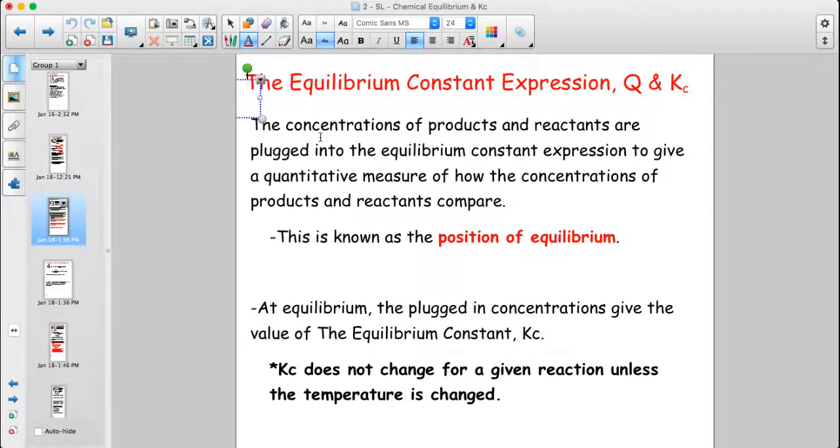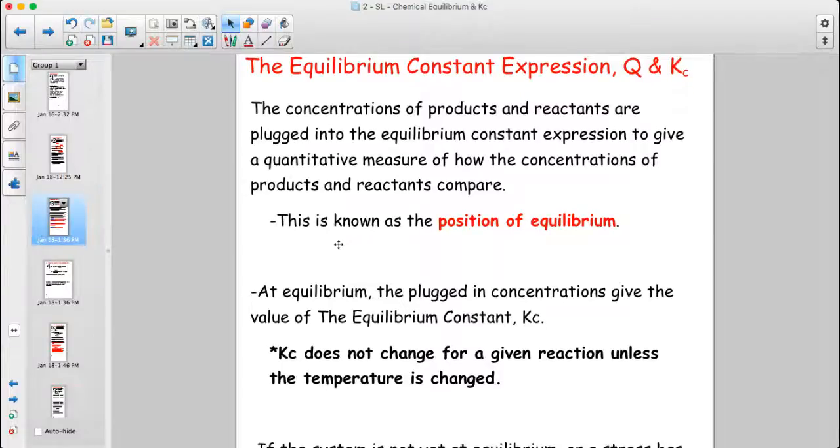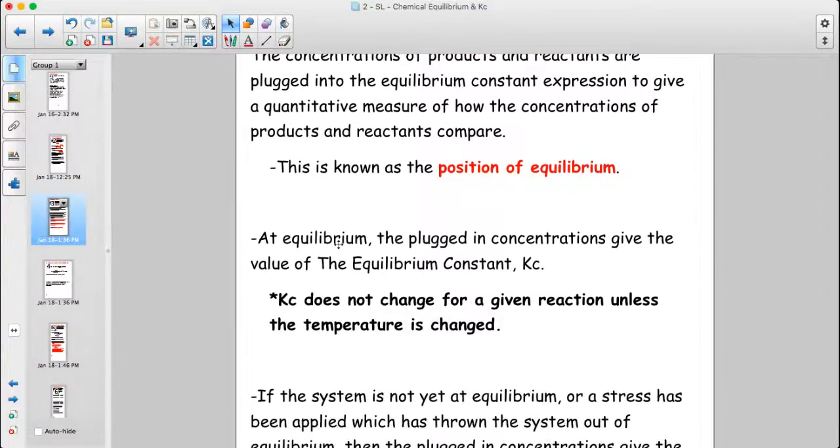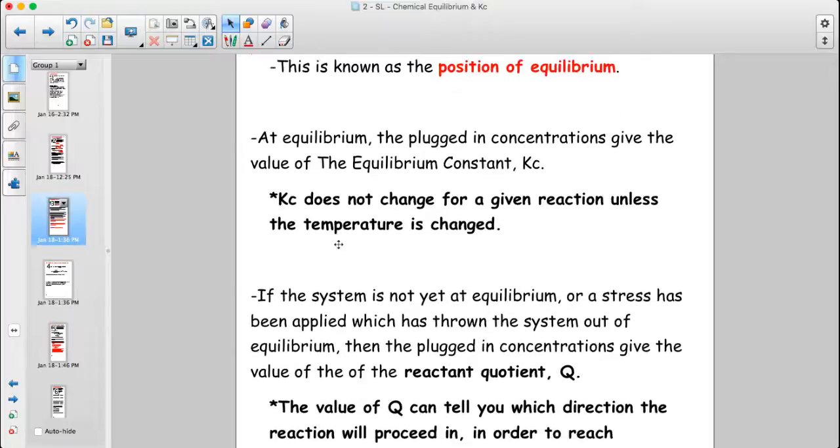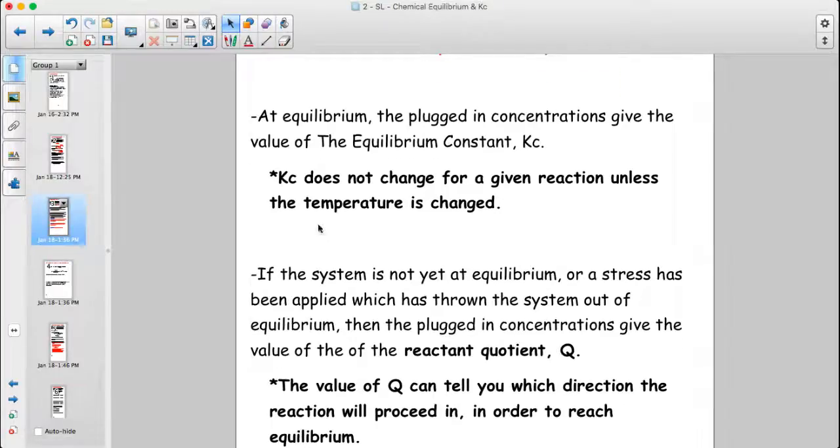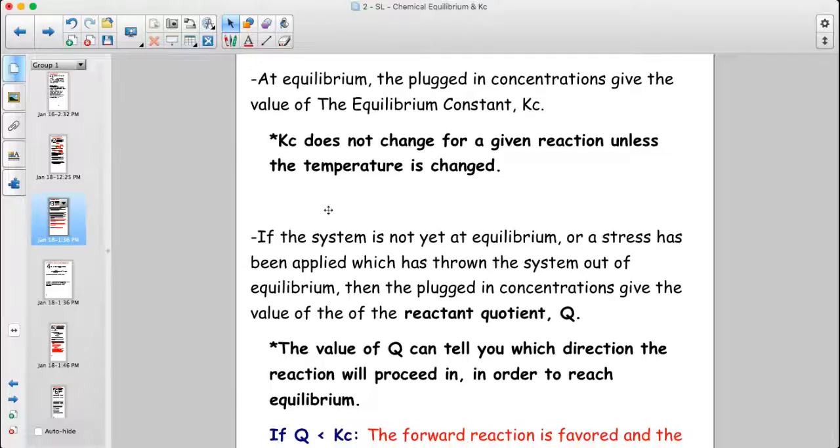Some other things to discuss when you're talking about Kc. The concentrations of products and reactants are plugged into it and give a quantitative measure of how they compare, and that's known as the position of equilibrium. For a given equilibrium, the Kc will not change unless the temperature is changed. So it's locked in stone for a given temperature.